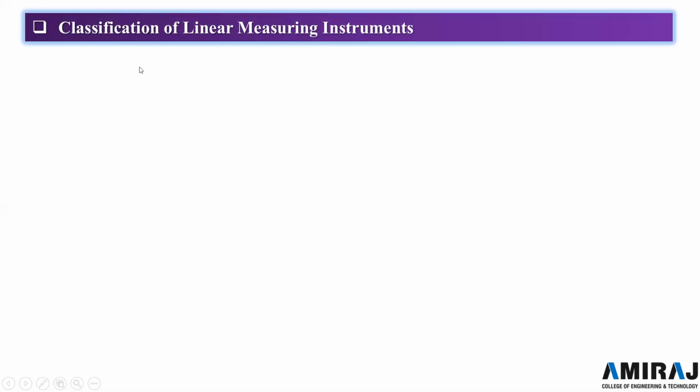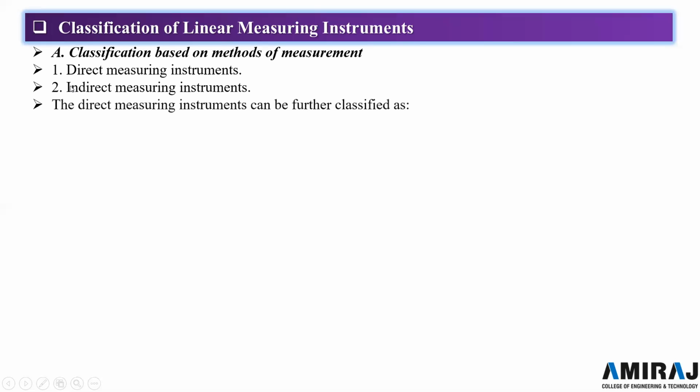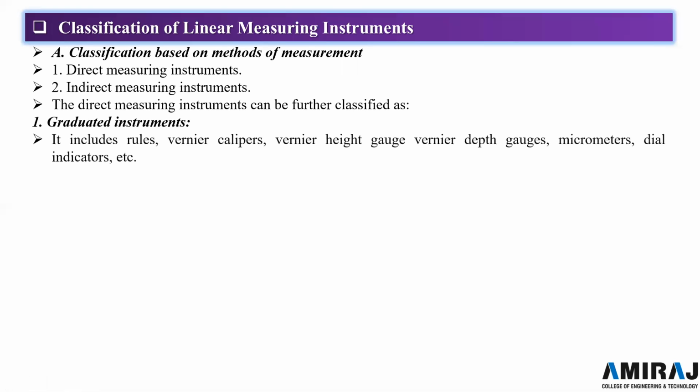Now there is a certain classification of linear measuring instruments. The first classification is based on method of measurement: direct measuring instrument, and indirect measuring instrument. The direct measuring instrument can further be classified as graduated instruments, which have rules or marks on them.